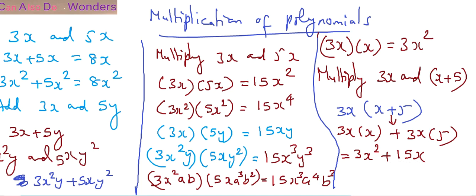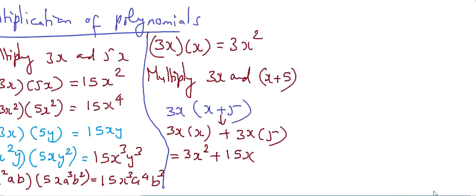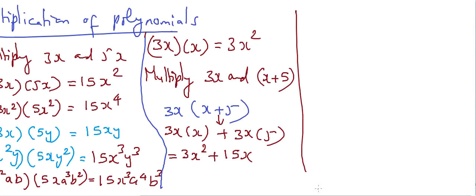It doesn't matter how many terms are there within the bracket. For example, I want to multiply 3x and a minus 2b minus 4.